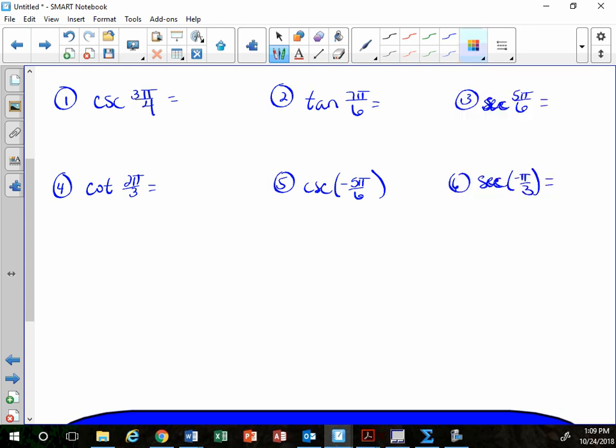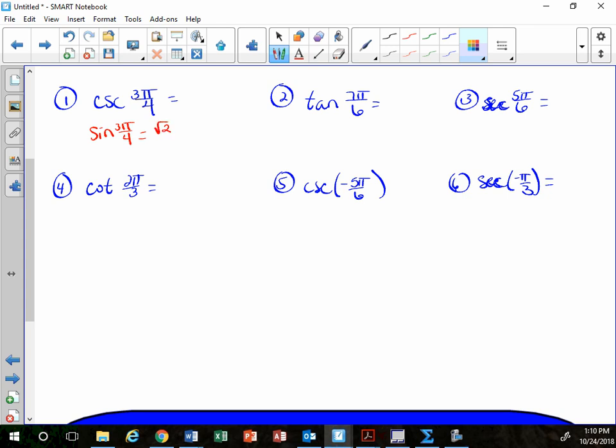All right, so cosecant of 3 pi over 4. I'm going to think of it as sine of 3 pi over 4 to begin with. What is the sine of 3 pi over 4 equal to? Root 2 over 2.